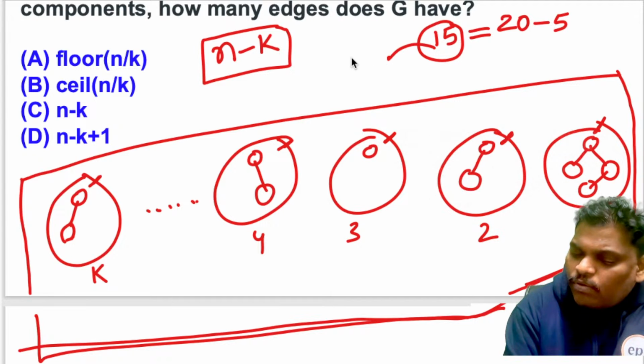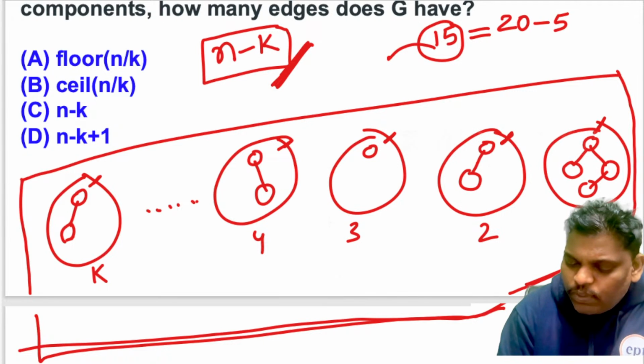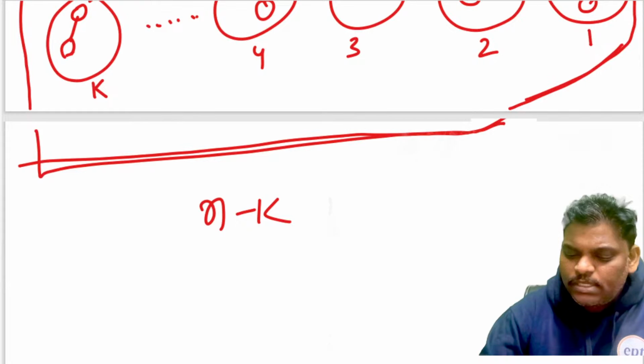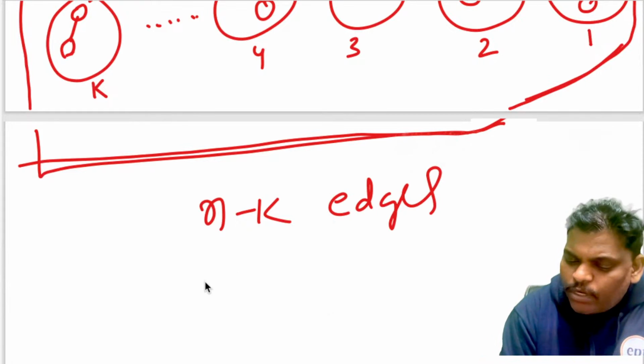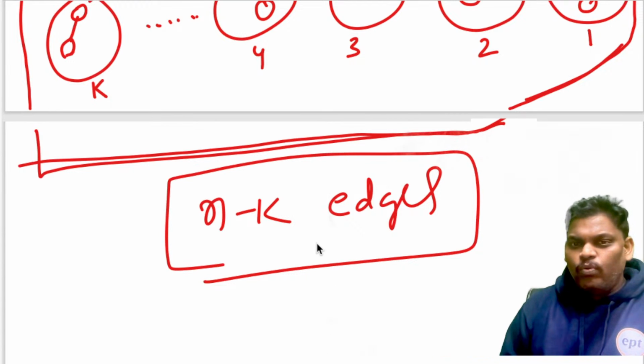So you have n minus k vertices, so n minus k edges will come, because every vertex will give one edge.